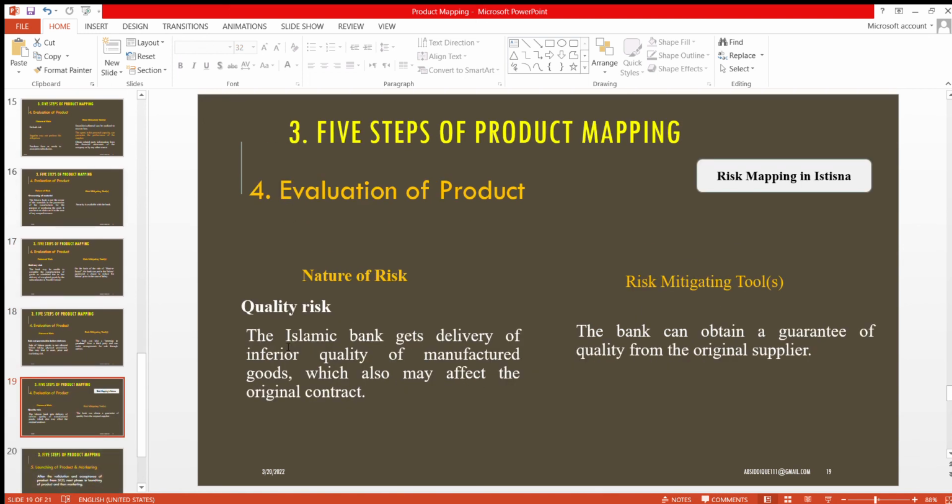Now look at risk mapping in Istisna, the quality risk. In Istisna, when an order is submitted by the bank to the manufacturer, it is quite possible that the manufacturer provides low quality goods. Then it will be a cost for the Islamic bank.